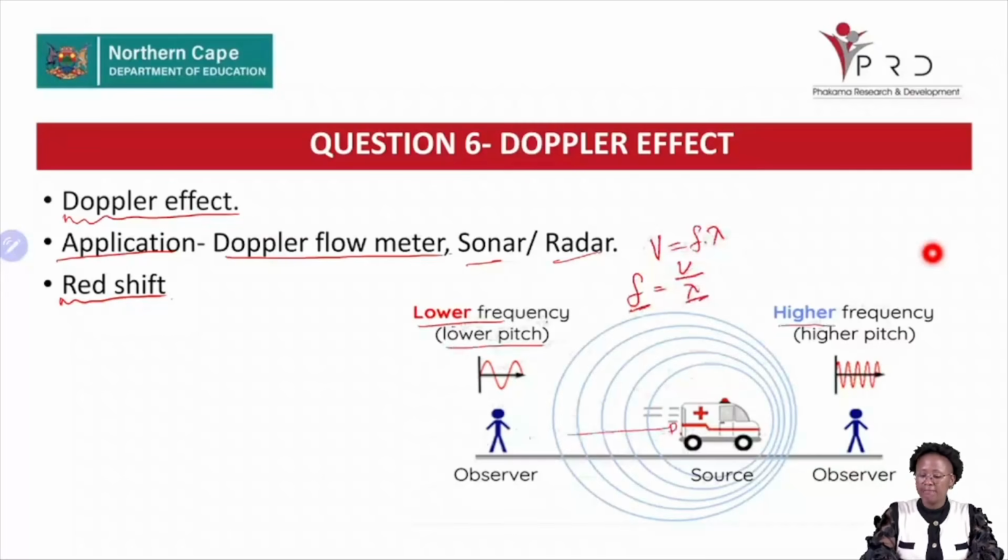And then at higher frequencies, the ambulance is now approaching you, or coming towards you. What happens? The wavelength decreases and the frequency increases and the pitch also increases. Hence, you're going to hear a higher sound when the source is approaching you rather than when the source is moving away from you.